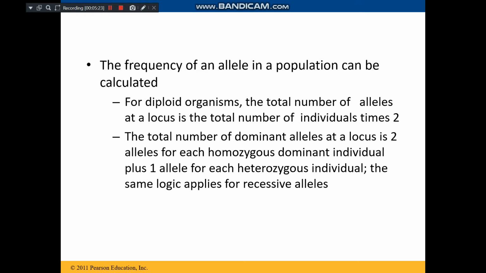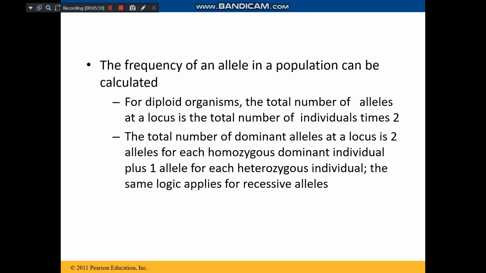How many total dominant alleles do you have at a particular locus? For example, if tallness is a dominant allele, or some other character may be dominant, you find out all the dominant alleles at a locus: two alleles for each homozygous dominant individual and one allele for each heterozygous individual.